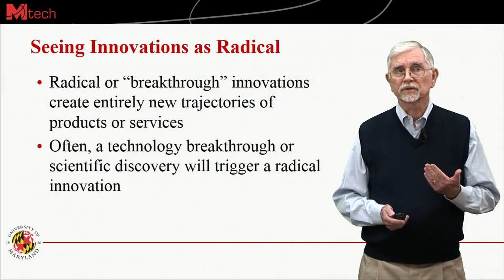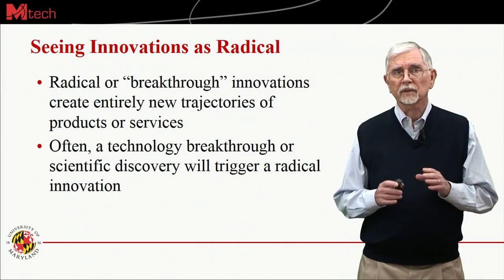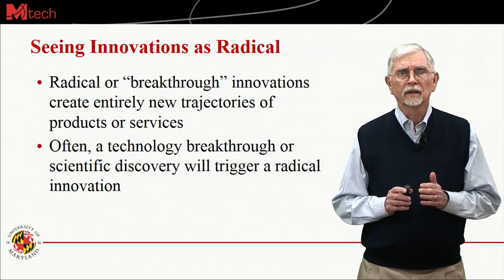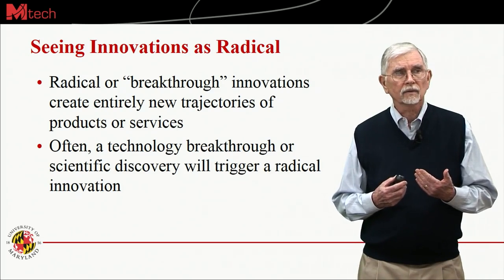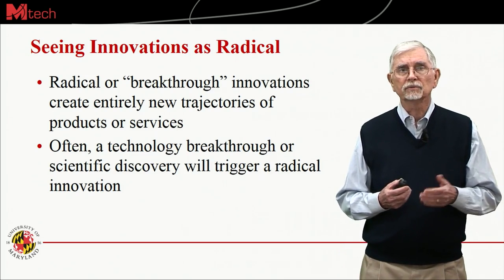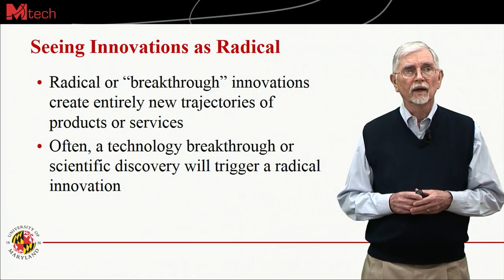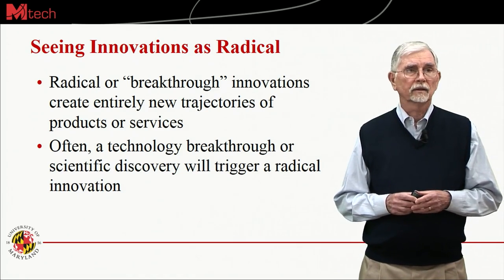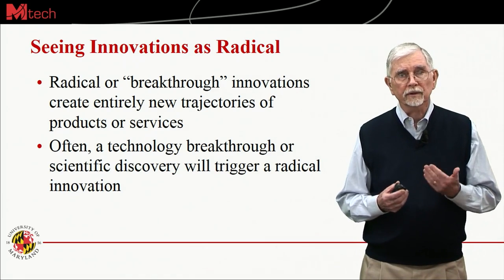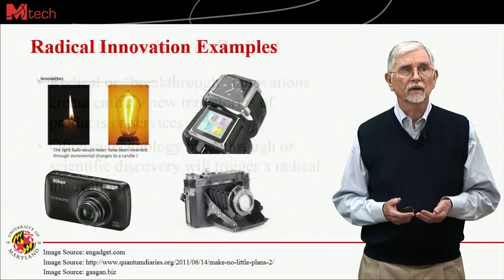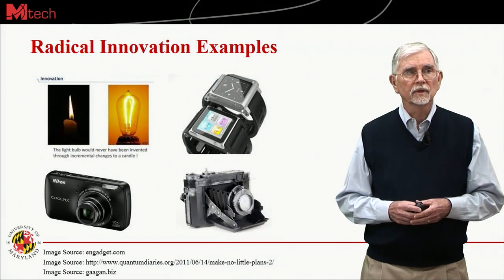Innovations that are radical are typically breakthrough innovations. They may be something that is not much more than incremental, but they create entirely new trajectories of products or services. Typically a technology breakthrough or a scientific discovery will trigger this kind of radical innovation. Here are some examples.